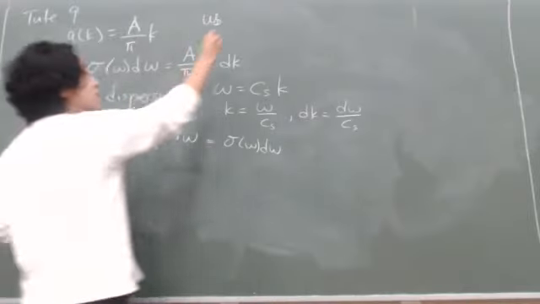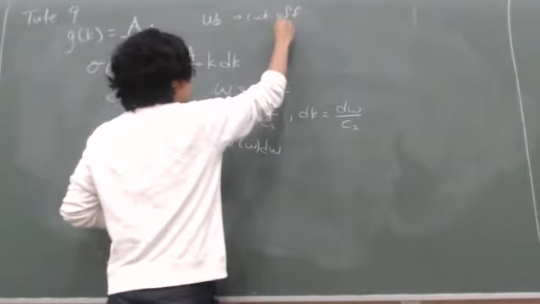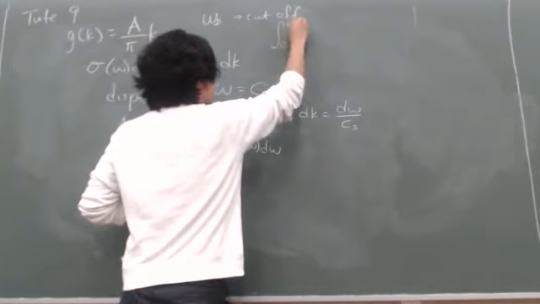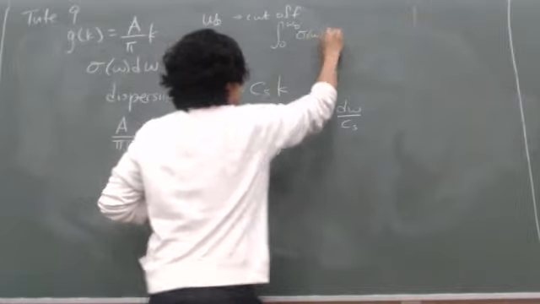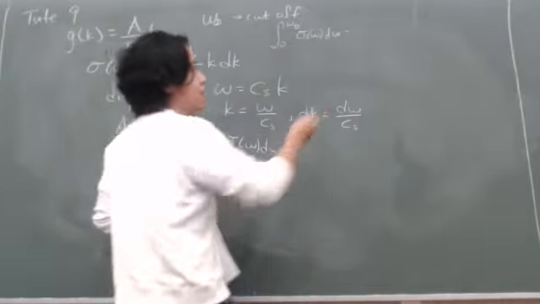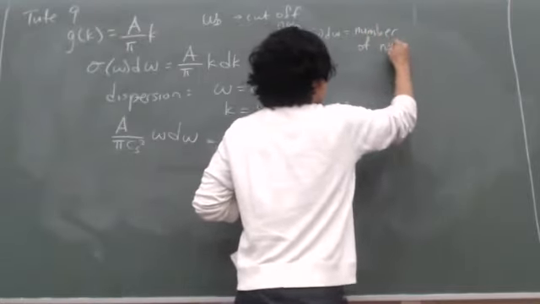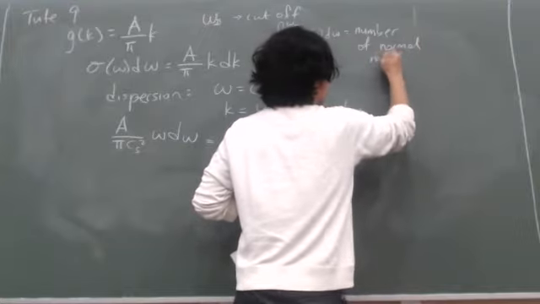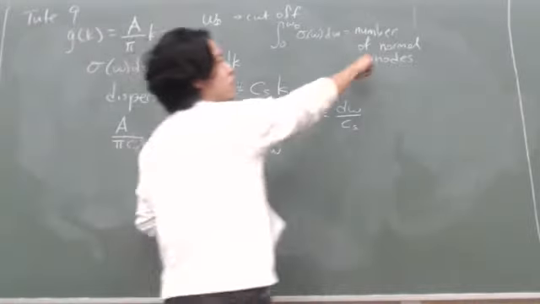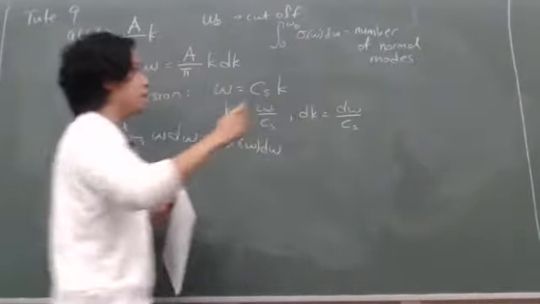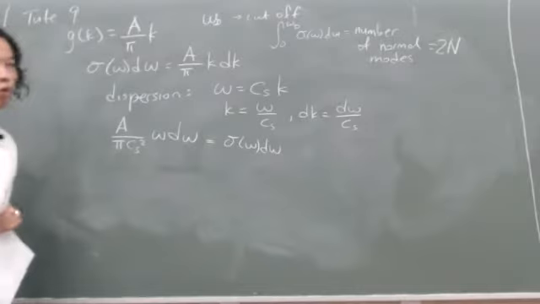Remember that this cutoff frequency is defined such that if you integrate your density of states up to it, in the Debye approximation, you'll get the number of normal modes, the number of equivalent harmonic oscillators in your system. We know that for our system we have 2N harmonic oscillators, so we've got 2N normal modes.